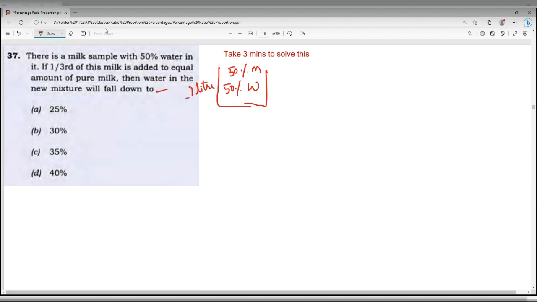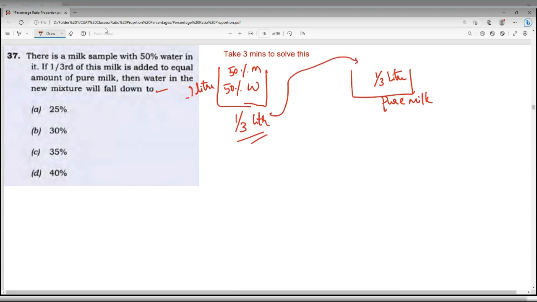So they are taking 1/3 liter and mixing it with 1/3 liter of pure milk. This is pure milk. There is no water in it. And from this solution, 1/3 liter, they are adding it to this solution.